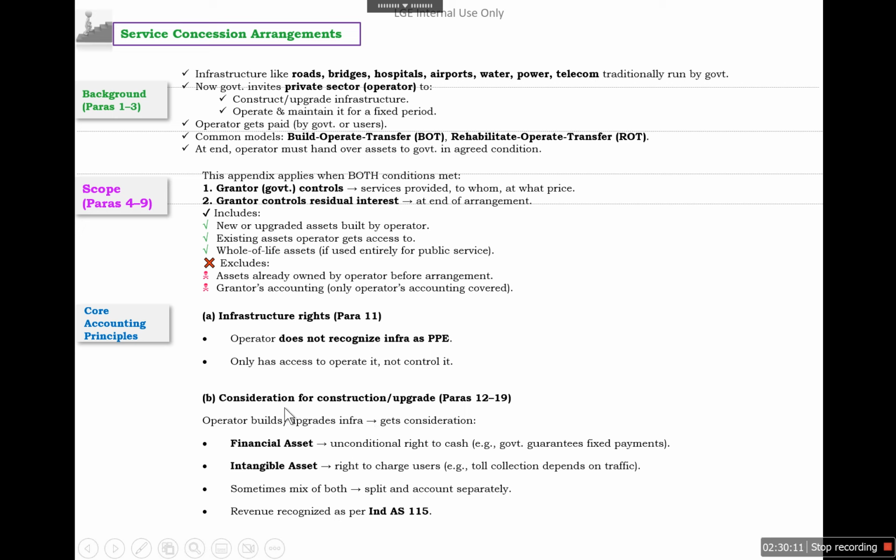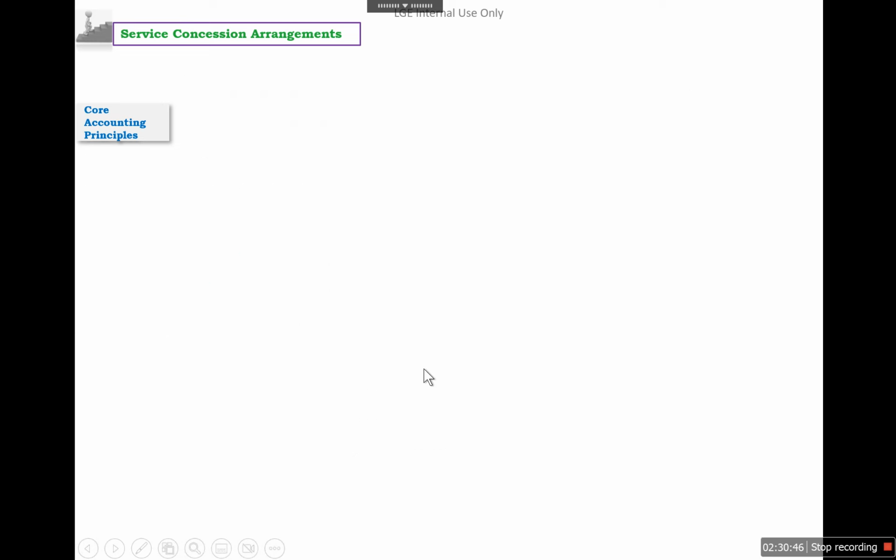The consideration for construction or upgrade will be recognized in two ways: as a financial asset or as an intangible asset. It is a financial asset if the operator has an unconditional right to receive cash from the government, where the payment is guaranteed and fixed. It is an intangible asset if it has a right to charge the users. There may be a mix of both methods, which is split and accounted for separately.